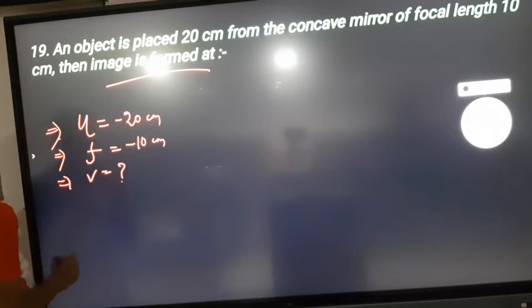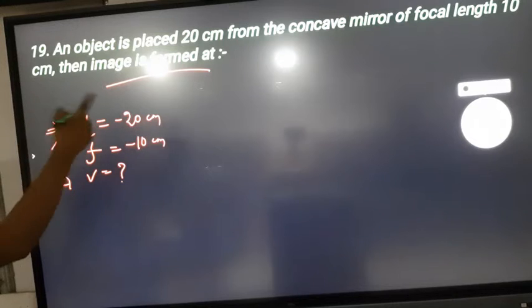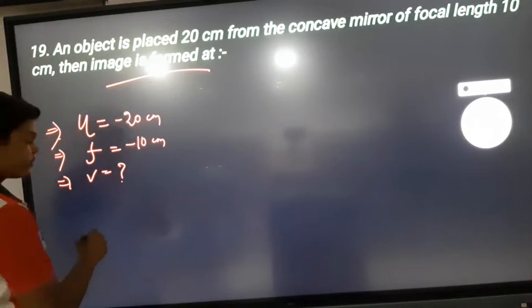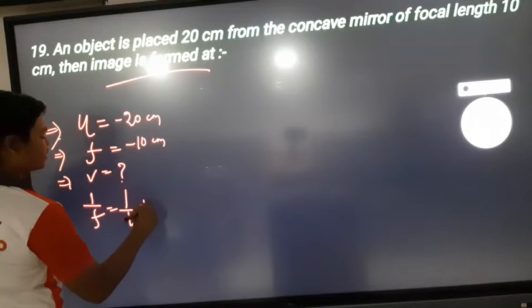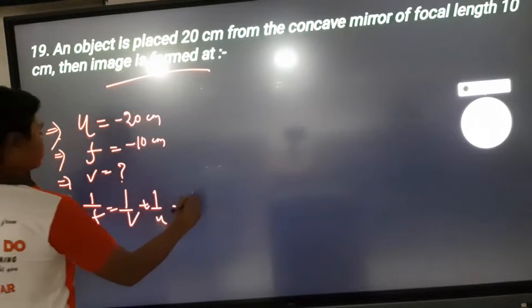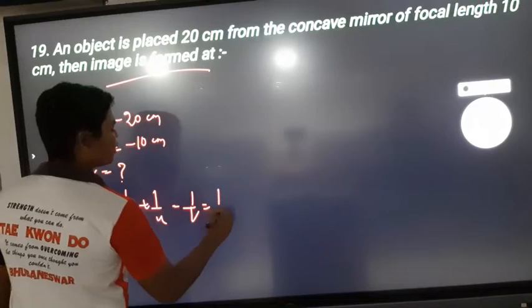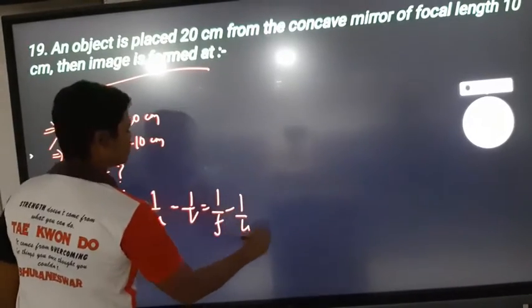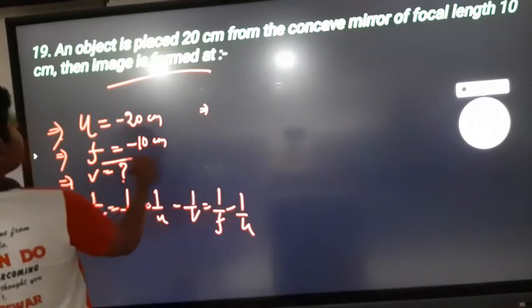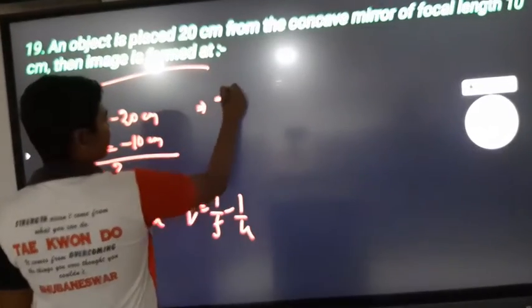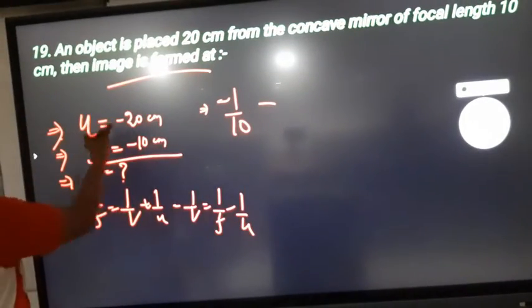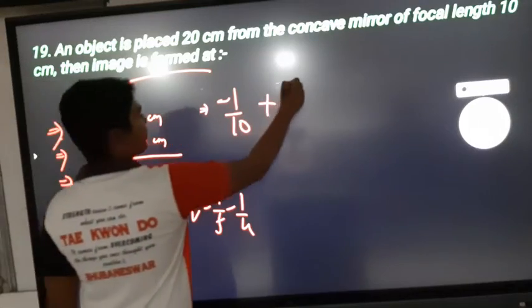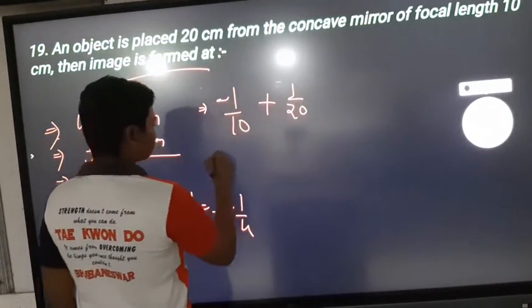Again we will use the mirror formula, since a mirror is given: 1 by f equals 1 by v plus 1 by u. So 1 by v will be 1 by f minus 1 by u. With f as minus 10 cm, we take minus 1 by 10 minus 1 by u, and since u is negative it becomes plus 1 by 20.